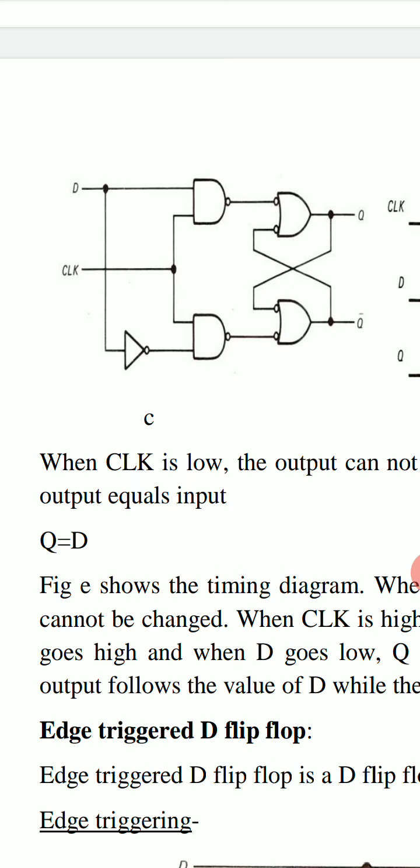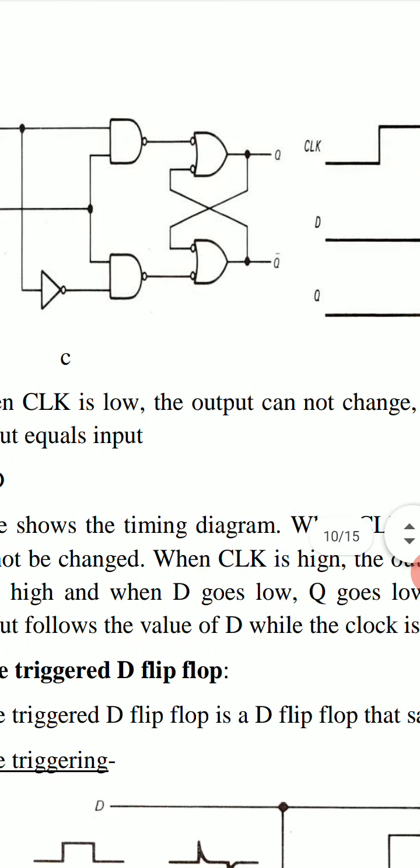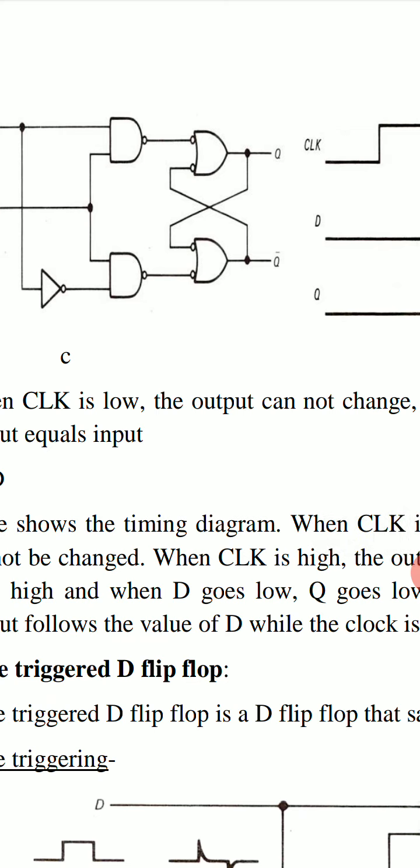Now data bit D goes directly to upper NAND gate and its complement D bar goes to lower NAND gate using an inverter or NOT gate, and a clock signal is applied to the inputs of both NAND gates, and output of these two NAND gates are connected as shown in this figure.